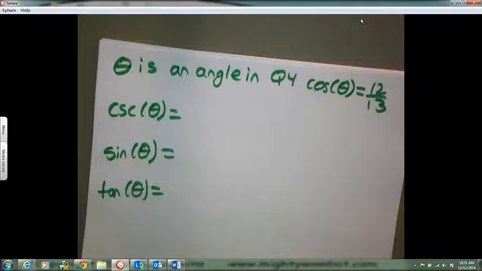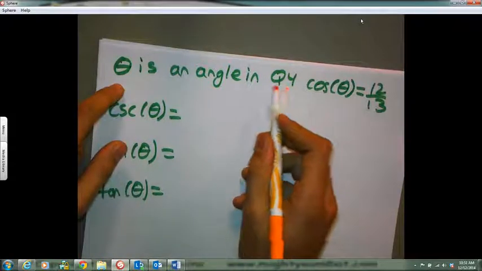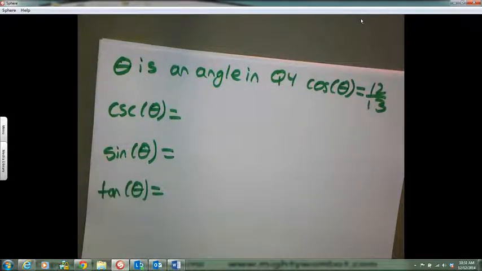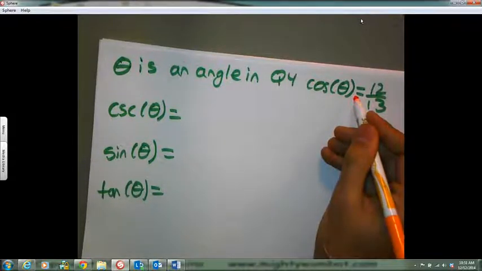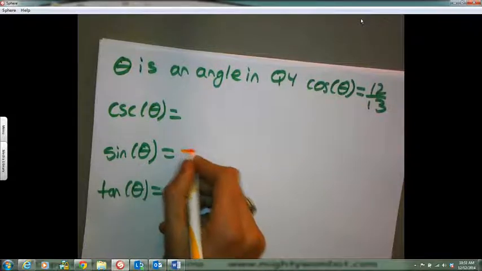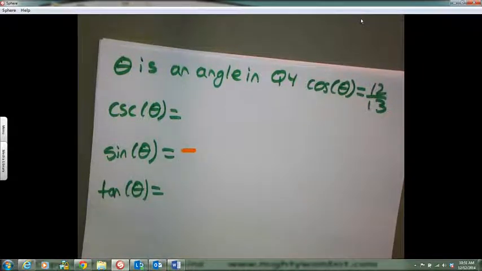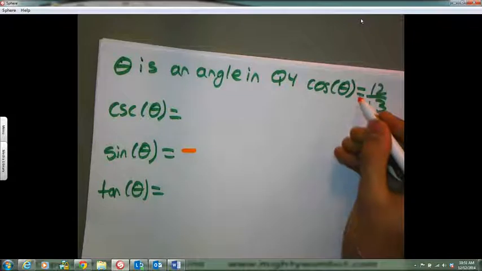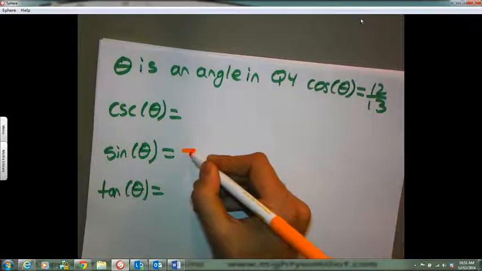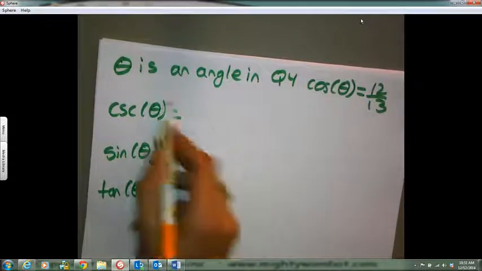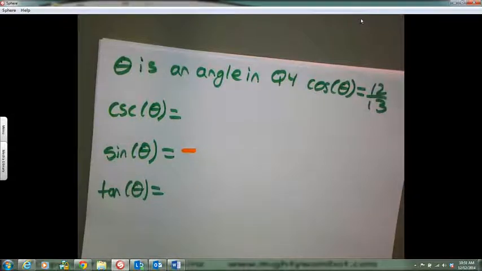First thing I notice is that this angle is in quadrant 4. If I think about some logic here for the unit circle, in quadrant 4, we know that cosine is positive, and we know that sine is negative. If cosine is positive and sine is negative, that means cosecant, which is just 1 divided by sine, must be negative.